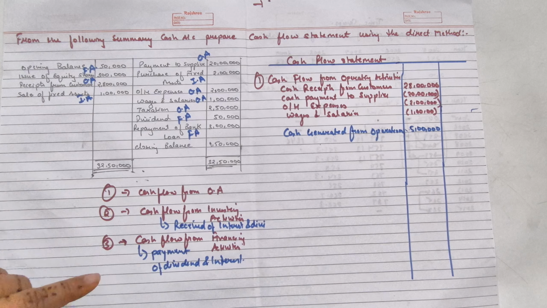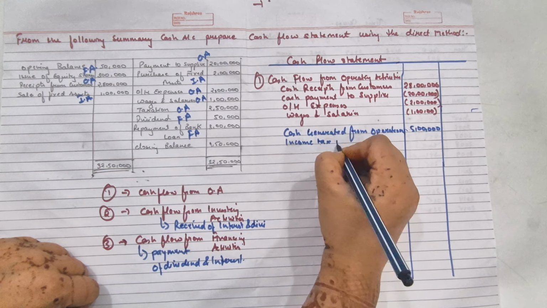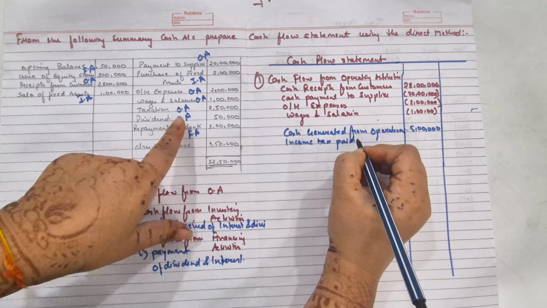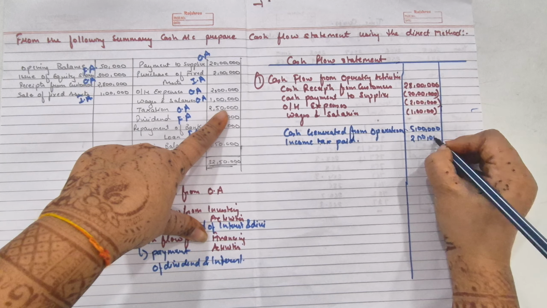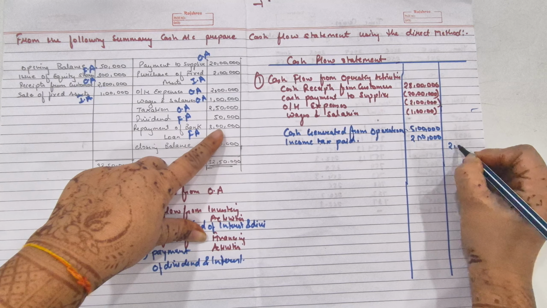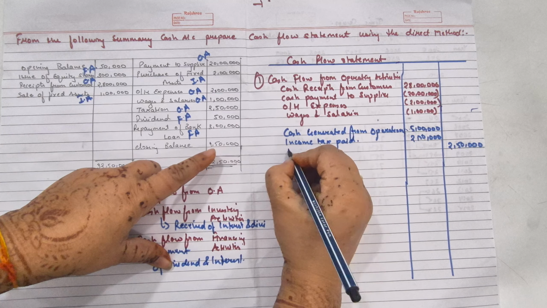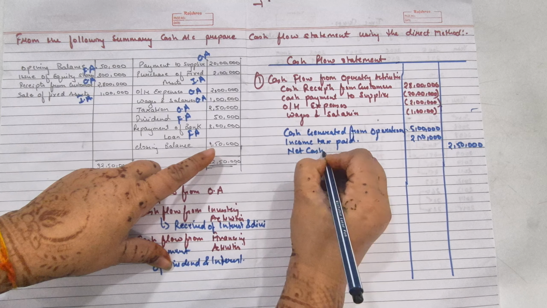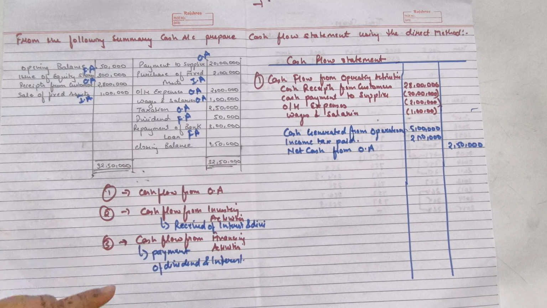And from this we will deduct income tax paid. How much have we paid? 2 lakh 50,000. So 2 lakh 50,000 would be your net cash from operating activity, student. I hope I am clear.